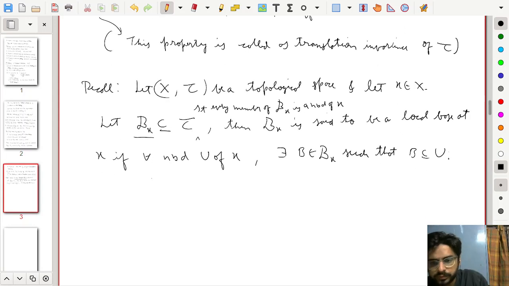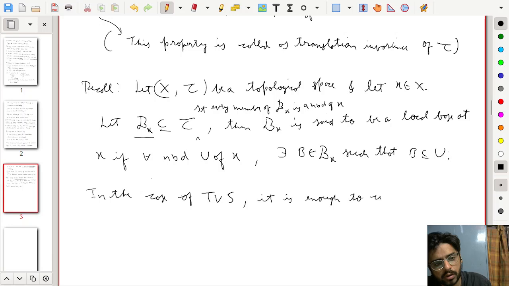Now in the case of TVS, in the case of topological vector spaces, it is enough to consider a local base at 0. Why is this?